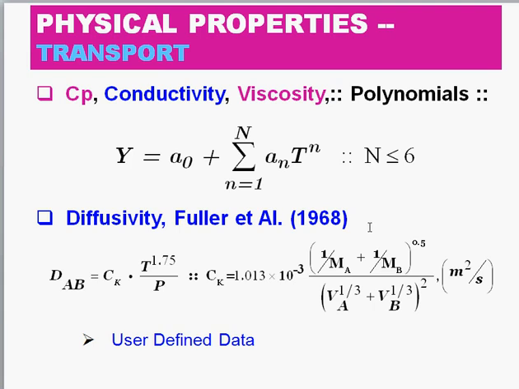And then there is also the diffusivity, which is used to compute diffusion. The type of formula which is built in is a Fuller type formula, where there is the presence of diffusion volume and the molar mass. In all these cases, the user may define his own data and supply a user-defined transport property.